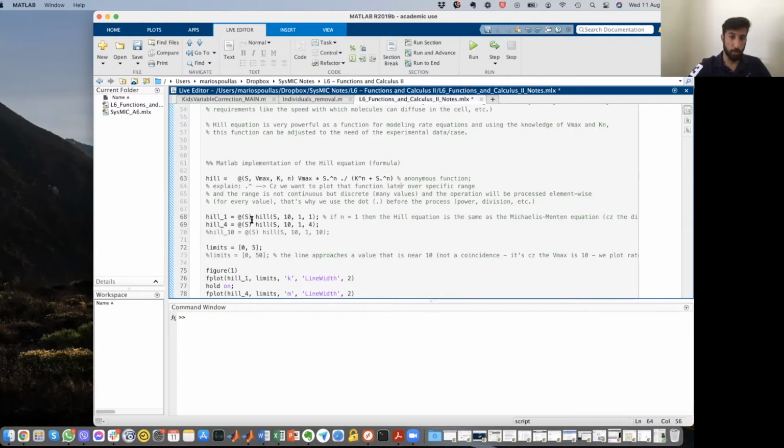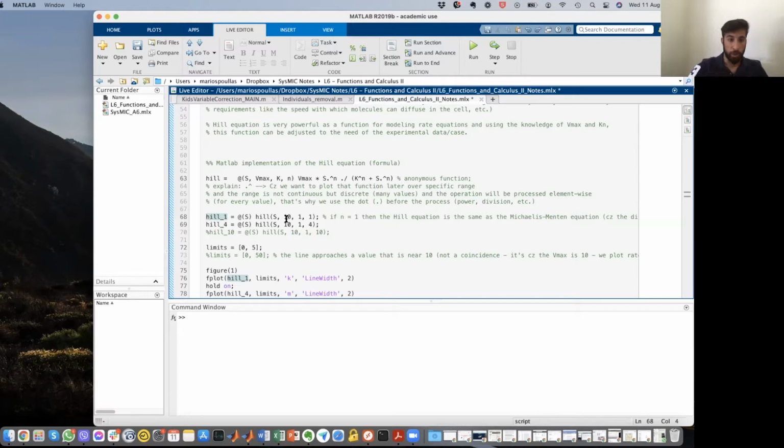Then we are trying to solve this equation using some specific values. These were taken from the textbook.